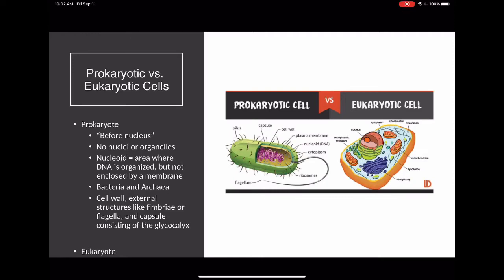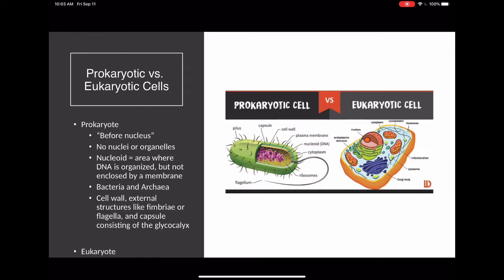They do have a cell wall, and external structures like fimbriae or flagella. In the picture you see the single flagellum coming out of our little green bacteria there. They also have pilus or pili, which are also external structures which help bacteria move and sense things in their external environment. And there is a capsule which surrounds these cells, and this capsule consists of the glycocalyx.